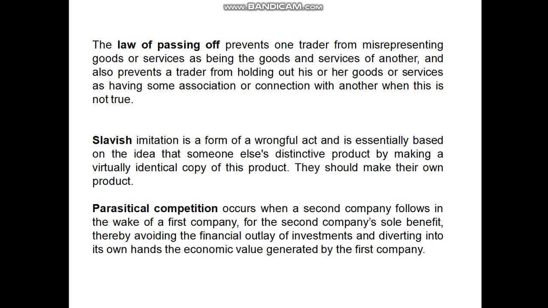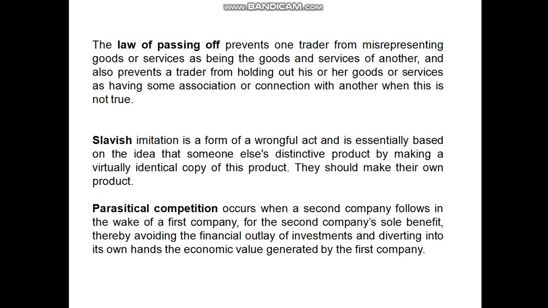The third example is slavish imitation. Slavish means imitation. The imitation can be in the form of the goods or in the form of the design, or even similar symbols, logos, or, as I told you, even brands.